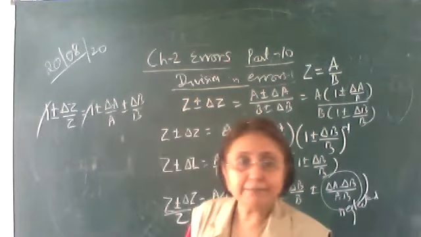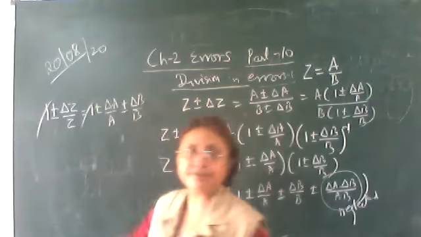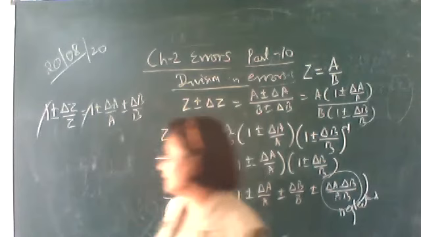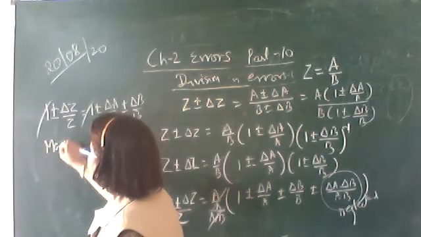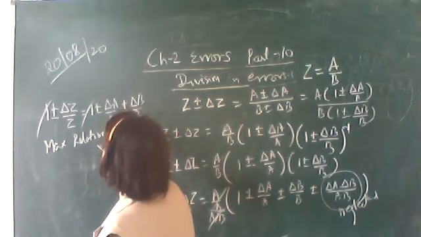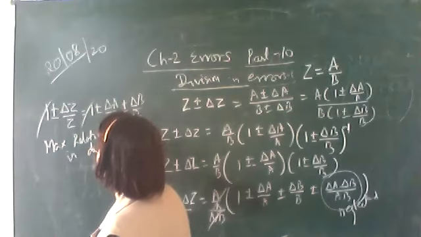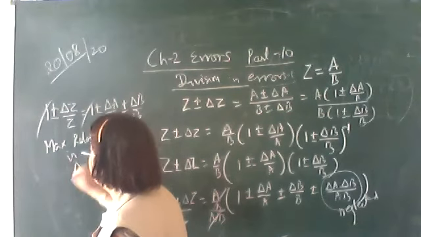And again the maximum possible relative error in the quotient, that is in division. So the maximum relative error in quotient, or you can write down in division, is, which sign will we consider?